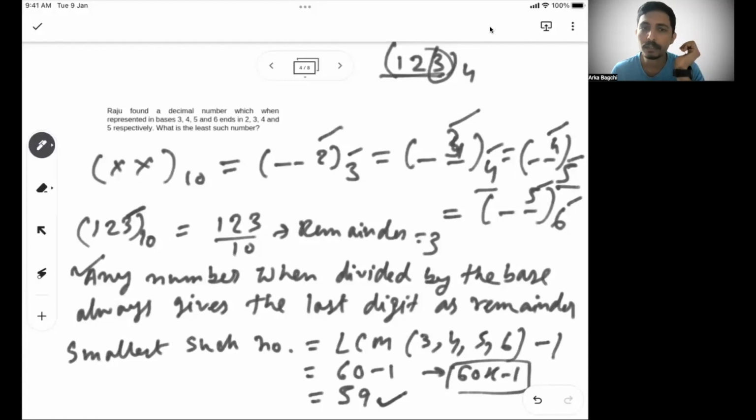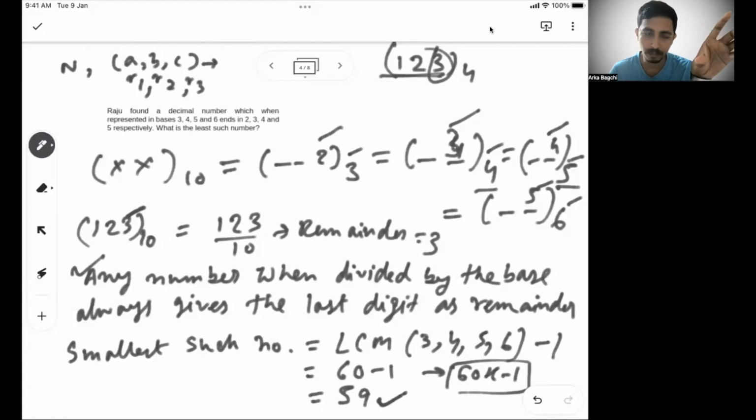And the second one, which is a refresher of your number system concept: whenever a number n gets divided by a, b, c, and every time you get a remainder of r1, r2, r3, where the gaps between a and r1, b and r2, c and r3 are always the same, then the smallest such number is the LCM of a, b, c minus the gap.